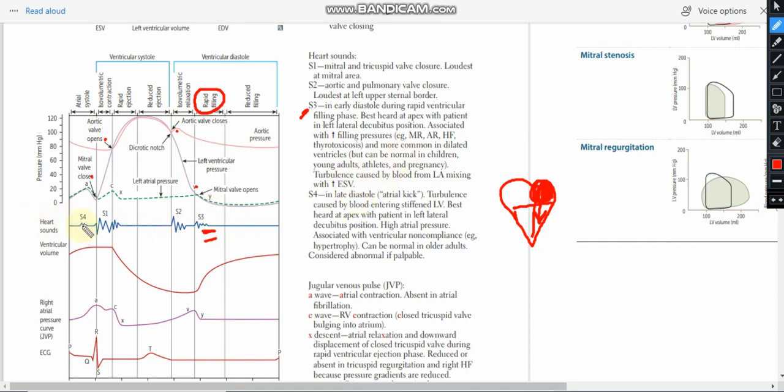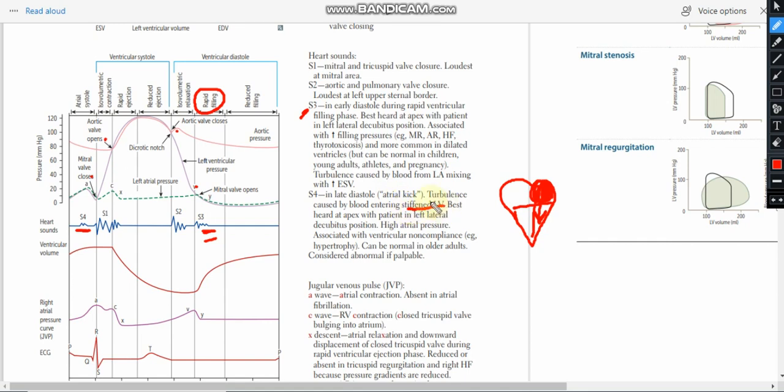Then we have the S4. Now you know that S3 lies in the rapid filling phase, and S4 is basically the late diastole, the atrial kick. Make sure you know that this is not a normal ventricle, this is a stiff ventricle.